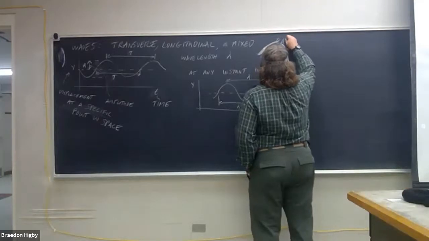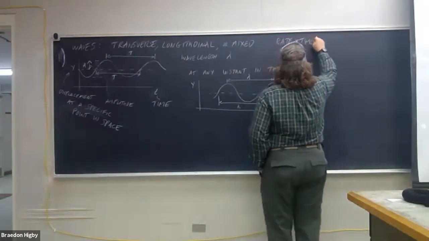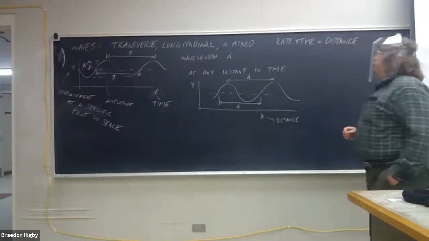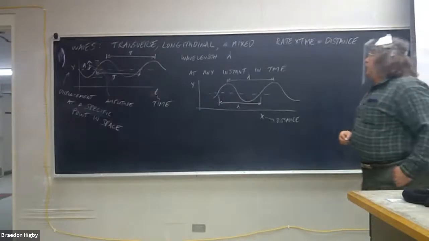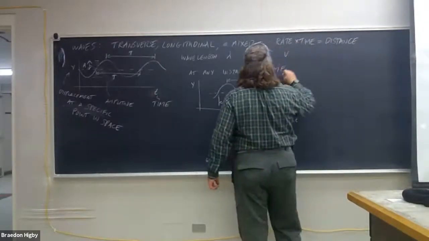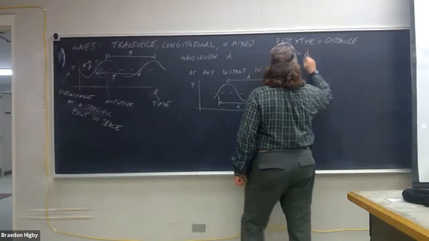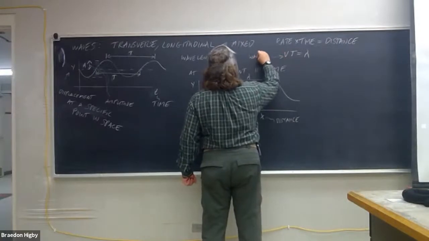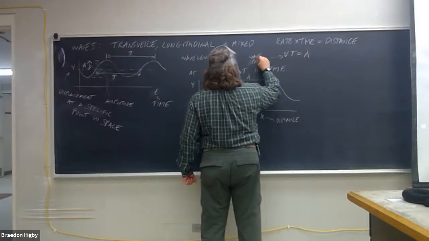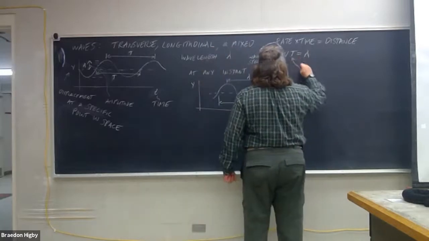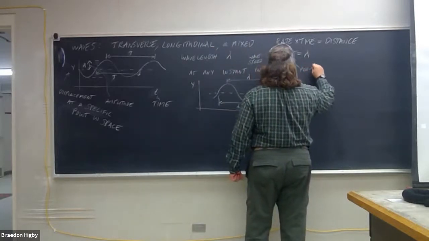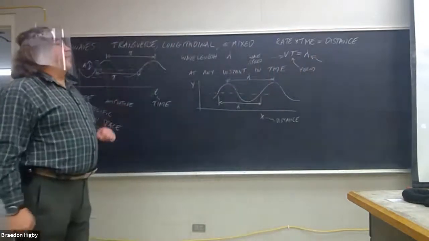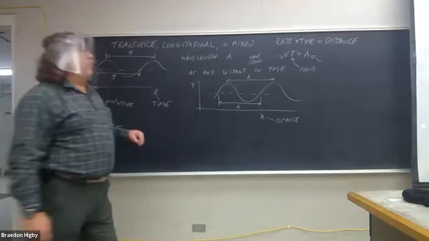Now, from one-dimensional kinematics, remember we had that rate times time equals distance? Well, here, if we call v the wave speed, and T the period, the distance a disturbance, a wave, will travel in one period is one wavelength.